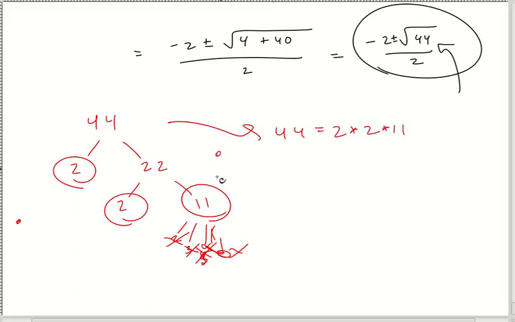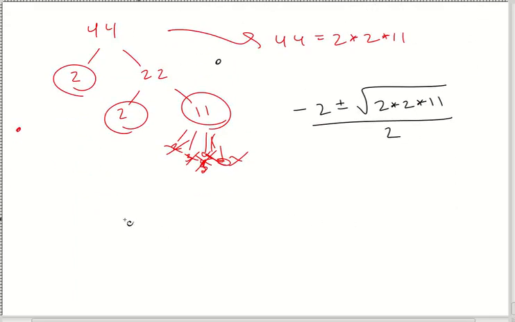That's legit. You can go to the calculator and try that. I'm going to rewrite my square root inside like that: 2 times 2 times 11, all on the inside of that square root. I know there's a lot of 2's now. The point is that I'm able now to pull out the pairs to the front of the square root.